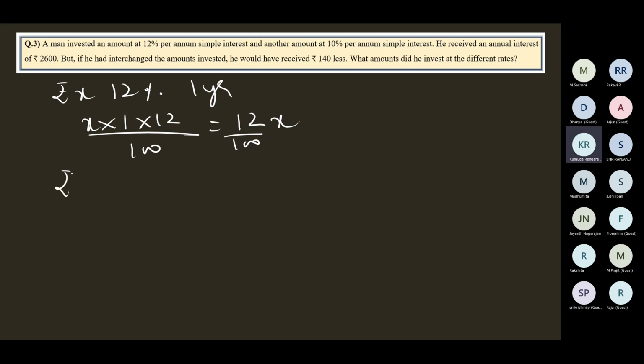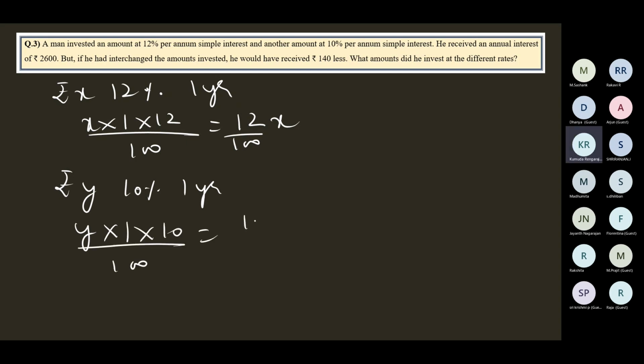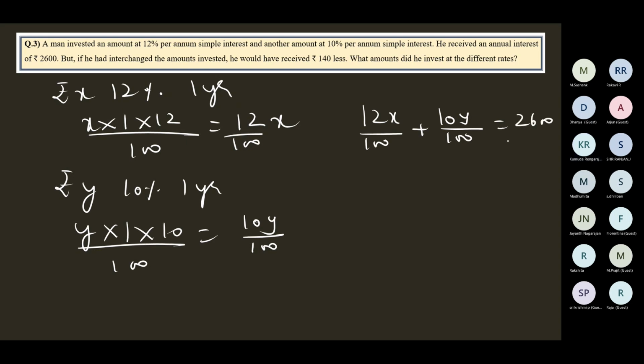And the other one is rupees Y, 10%, 1 year. So simple interest is principal into time into rate by 100, which is 10Y by 100. So now the total interest: 12x by 100 plus 10y by 100 is equal to the total interest of 2600.